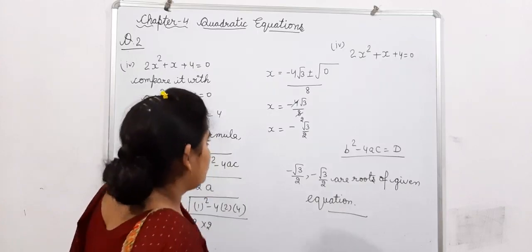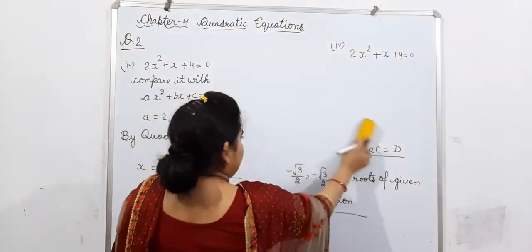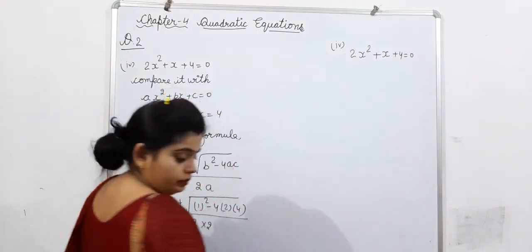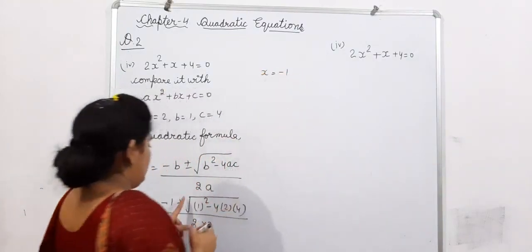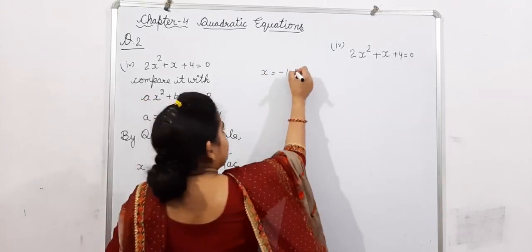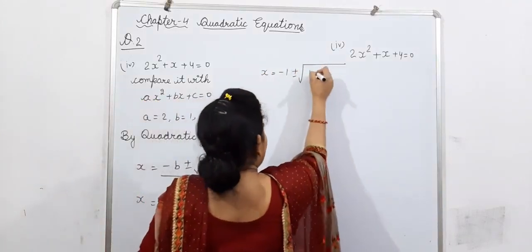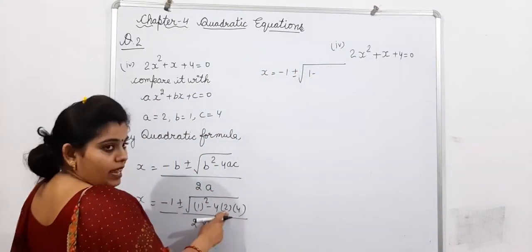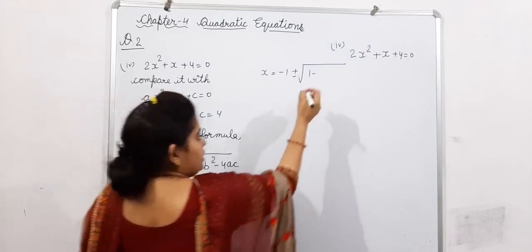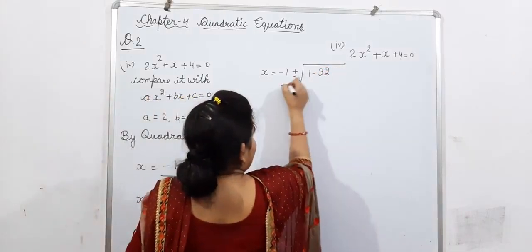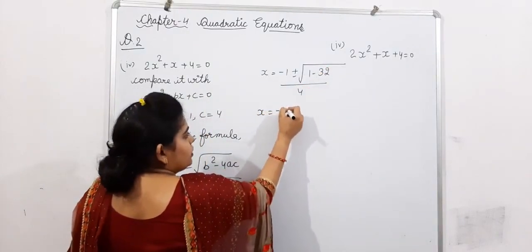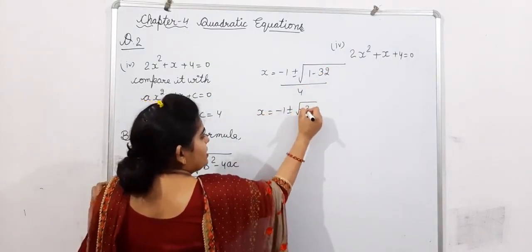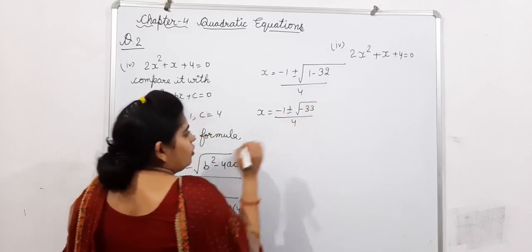On solving this, we will get x is equal to minus 1 plus minus square root of 1 minus 4 2s are 8, 8 4s are 32, divided by 4. X is equal to minus 1 plus minus square root of minus 31 divided by 4.